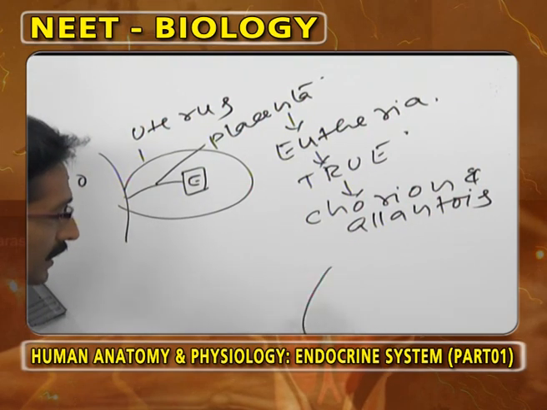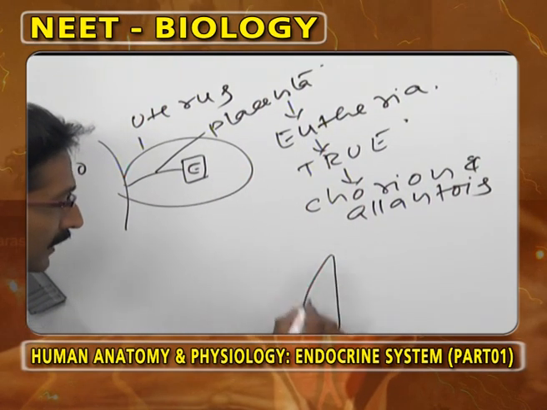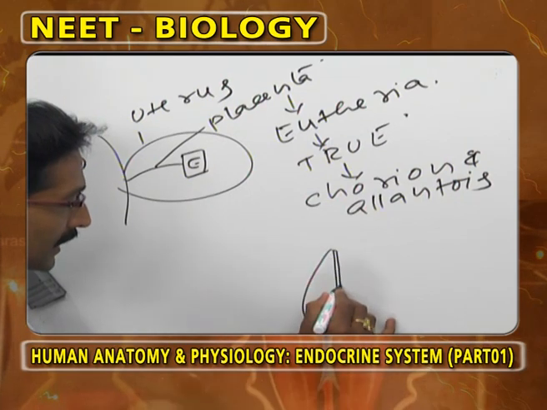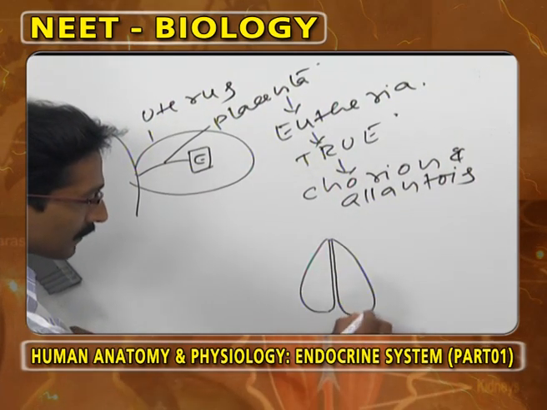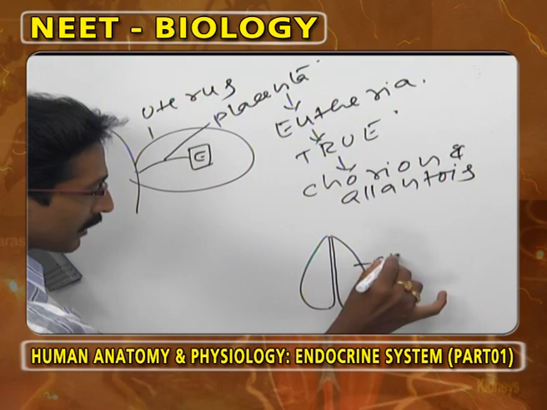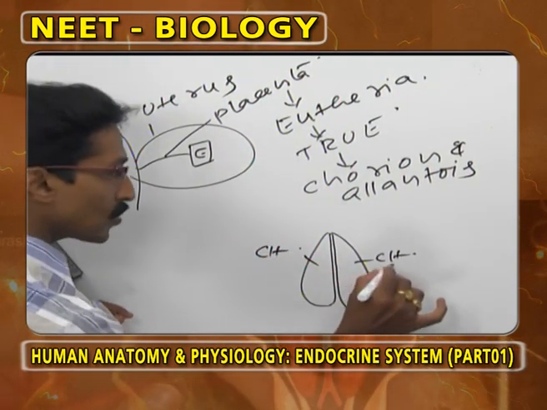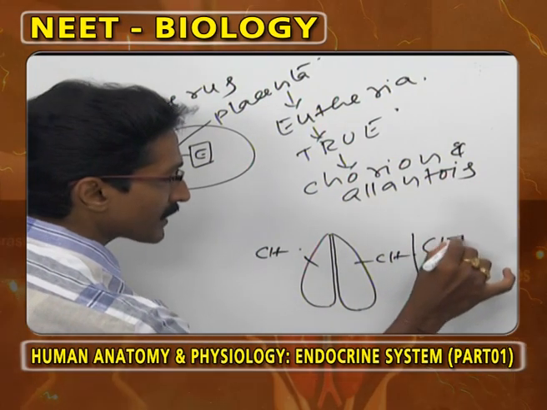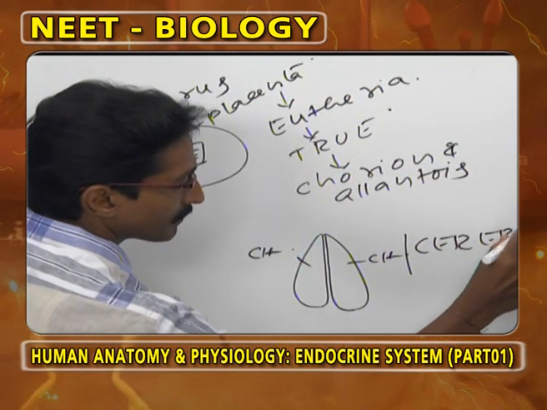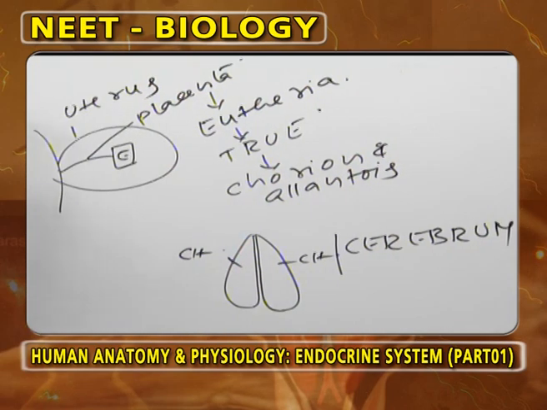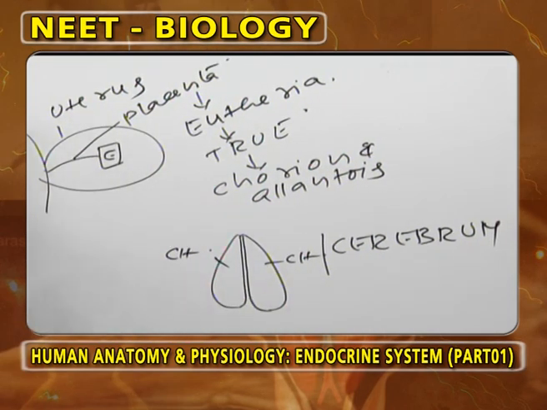Now this is one cerebral hemisphere, and this is another cerebral hemisphere. Now these two combinedly termed as cerebrum. Now in the cerebrum, how many hemispheres? 2.